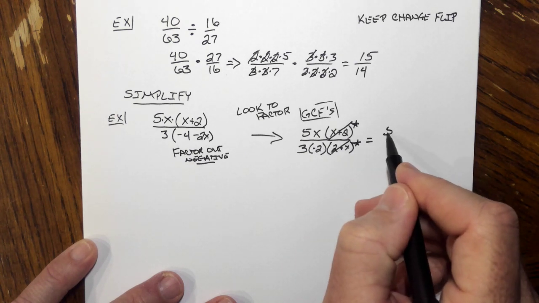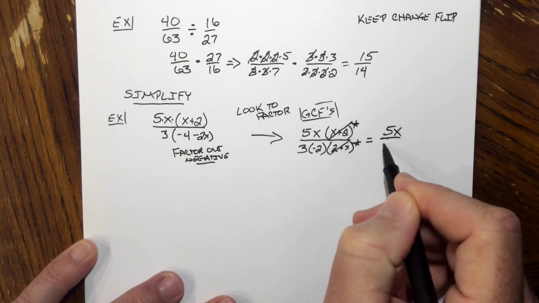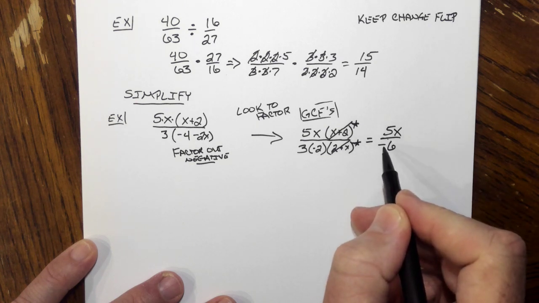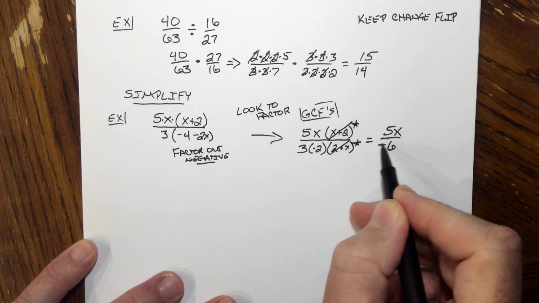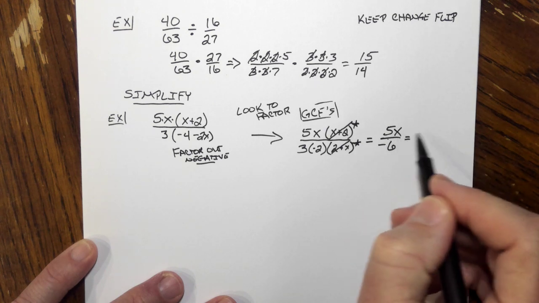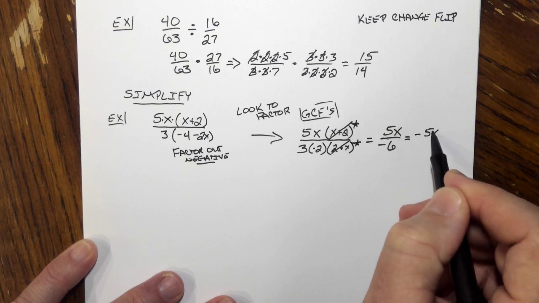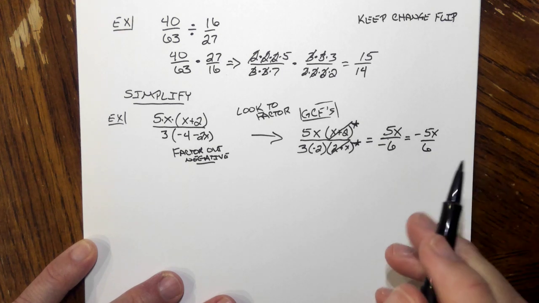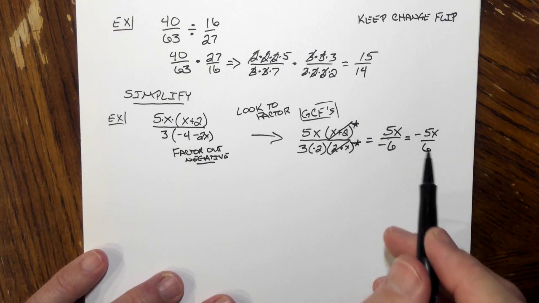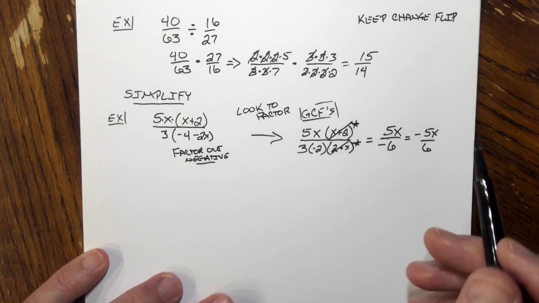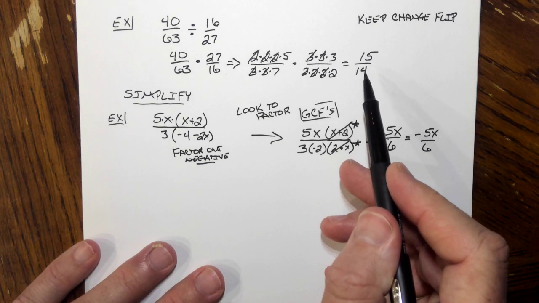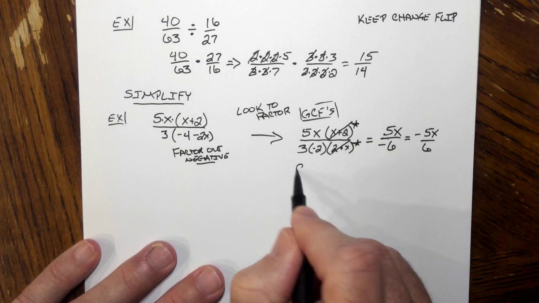So we're left with 5x over negative 6. But as we know, this negative applies to the top or to the middle of the fraction. So we go to this point right here. Now, new that you didn't have to do up here is you have to check for stipulations.